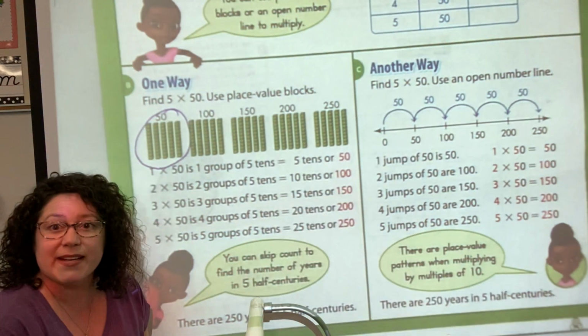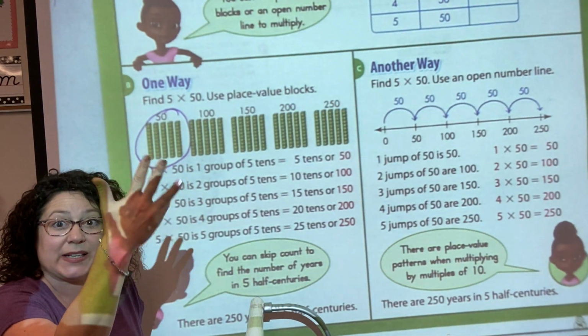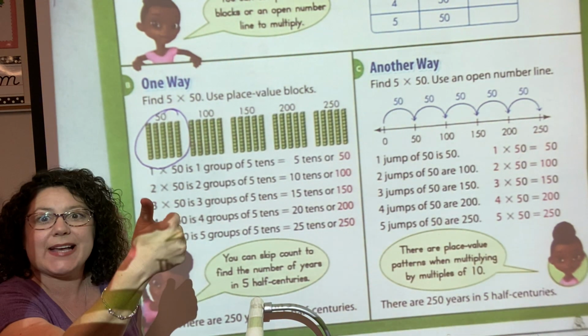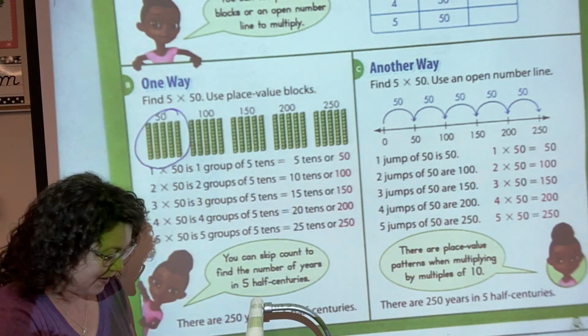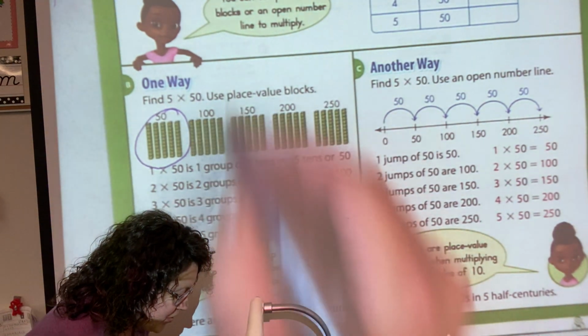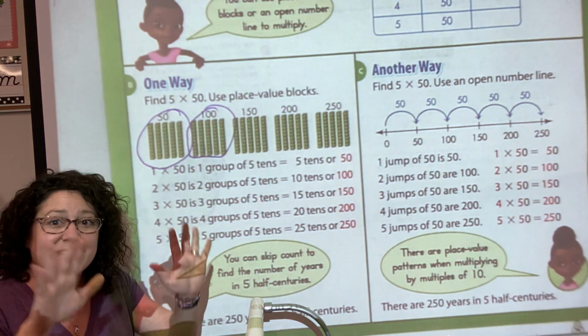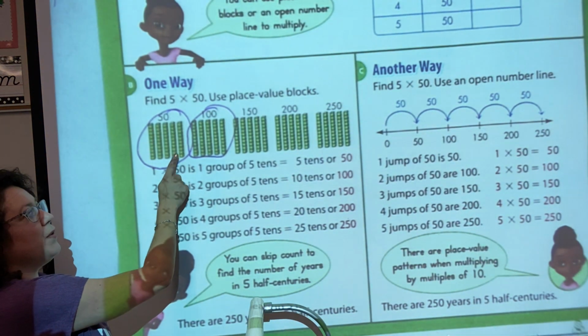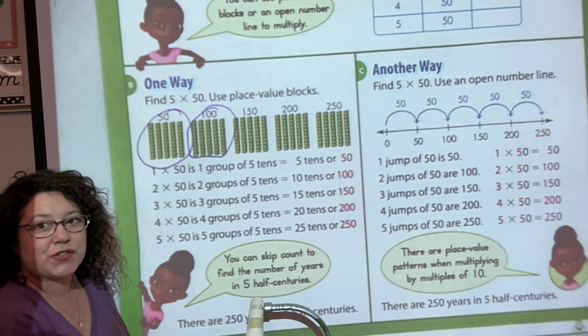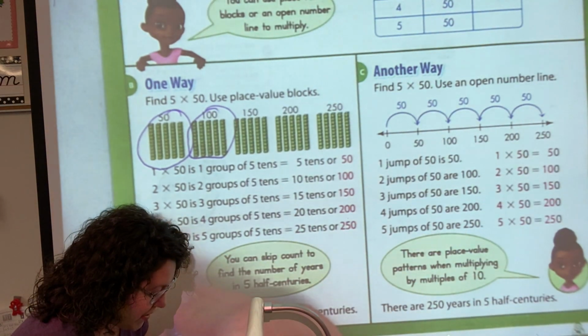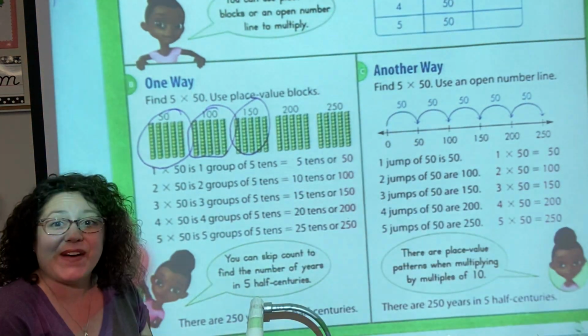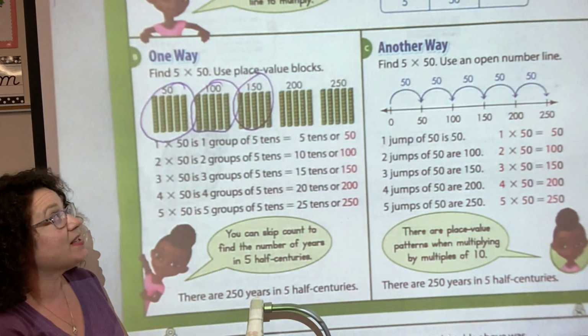And 5 10 sticks is 10, 20, 30, 40, 50. Okay? So then if we have 2 groups, we have 10 10 sticks, 10, 20, 30, 40, 50, 60, 70, 80, 90, 100.